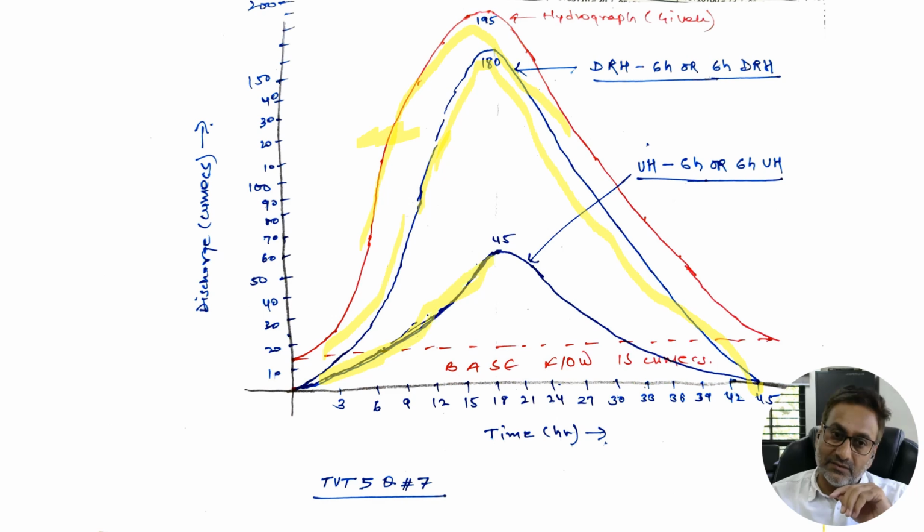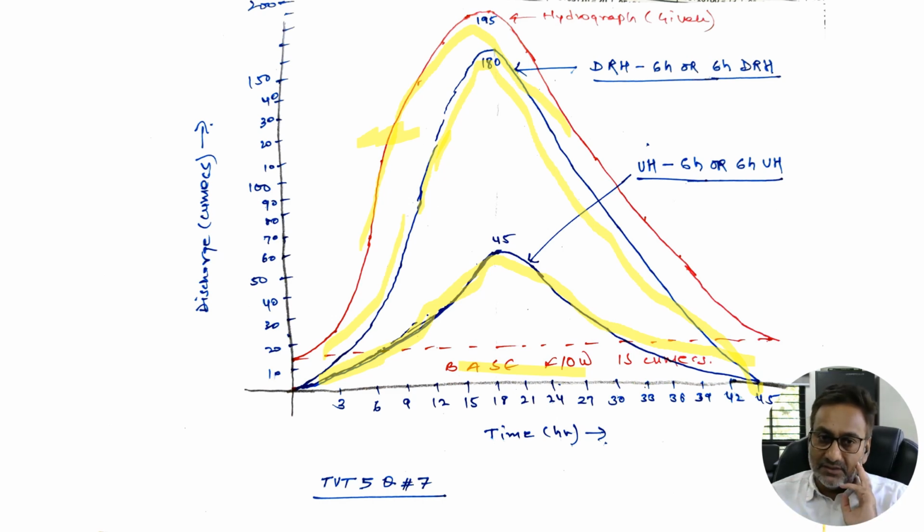This is the unit hydrograph. So after removing base flow and getting the ordinates for 1 centimeter, these are the ordinates of the unit hydrograph. I think this diagram is very representative of what a unit hydrograph is.